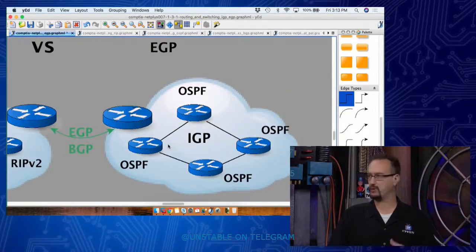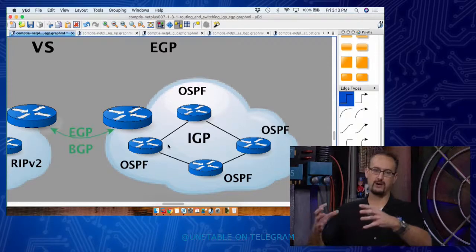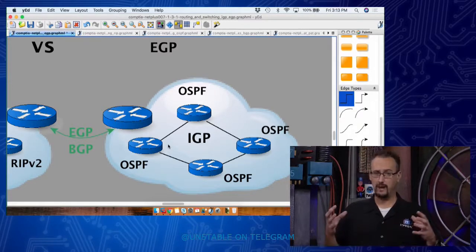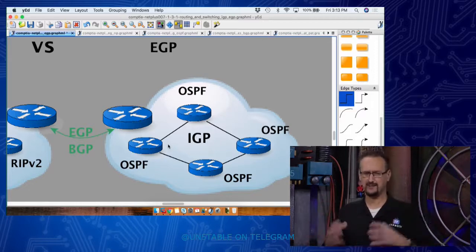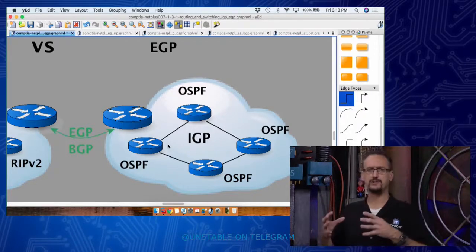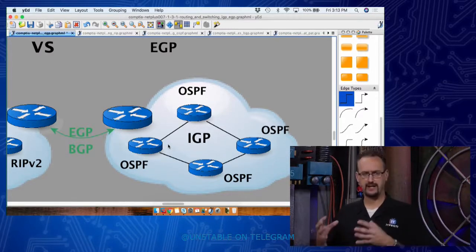Now, an autonomous system, what do I mean when I say autonomous system? Well, an autonomous system is essentially the networks, the local area networks that are across the backbone of the internet. Please understand that inside of an autonomous system, you can have multiple local area networks. It just means that the network is under the control of a single administrative body and it adheres to a certain routing protocol.